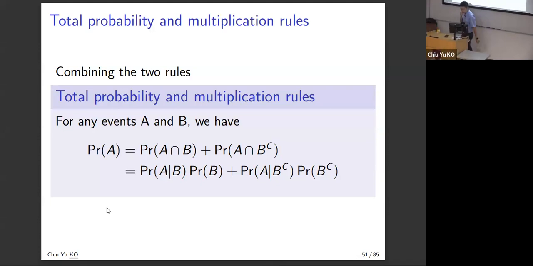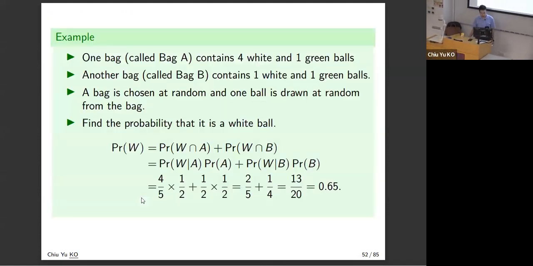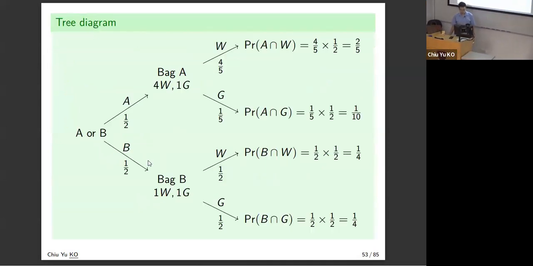So that is the idea behind it. So this is asking the probability of a white ball. Look at the graph again. The same question asking the probability of white.